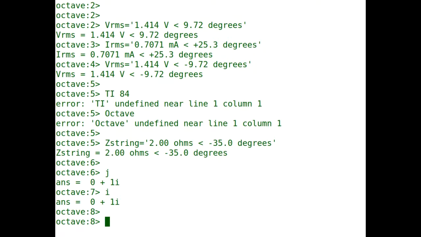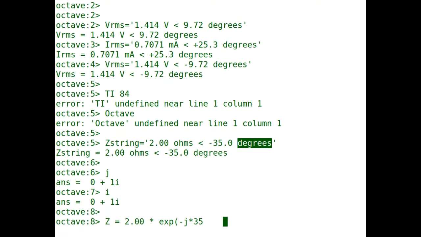Now, when I type this in, I'm going to type in Z is equal to the magnitude, which is 2 ohms, but you can't put units in your calculator, times Euler's number to the minus J times 35, because it's minus 35 degrees. But this is degrees, and I just said before we need to put it in radians.